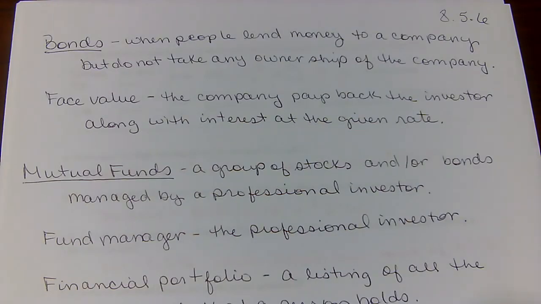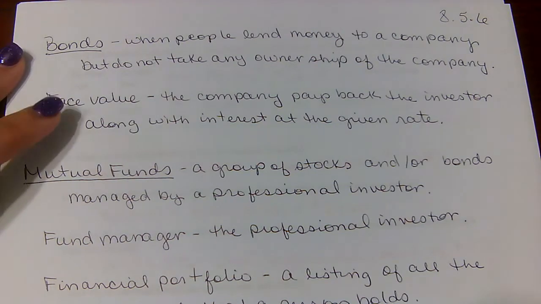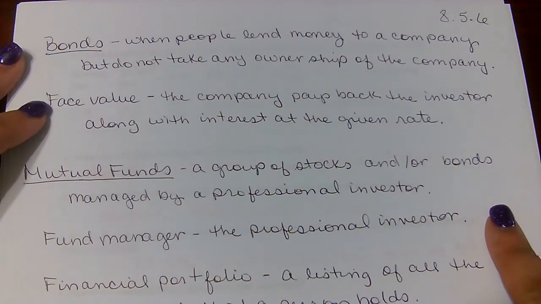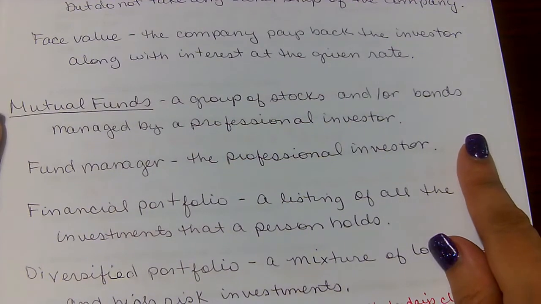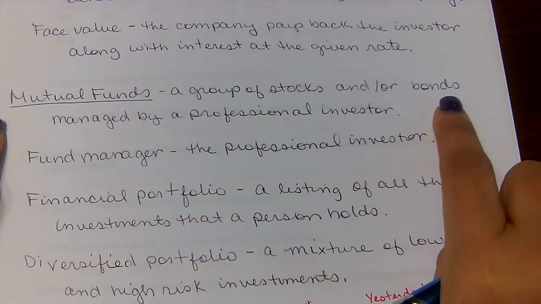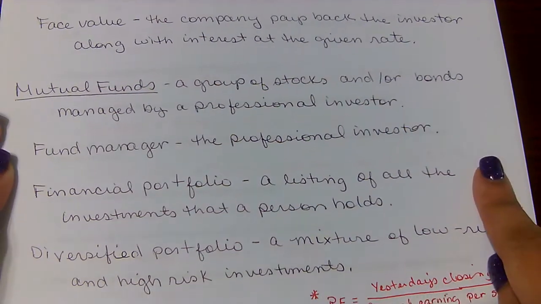Now let's talk about bonds. When people lend money to a company but do not take ownership of the company, those are called bonds. The face value is when the company pays back the investor along with the interest at the given rate. Mutual funds, a group of stock and or bonds managed by a professional investor.